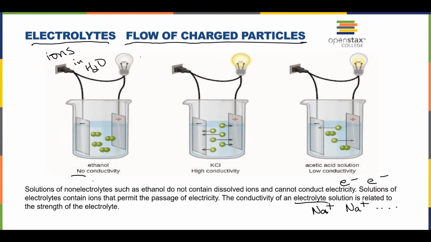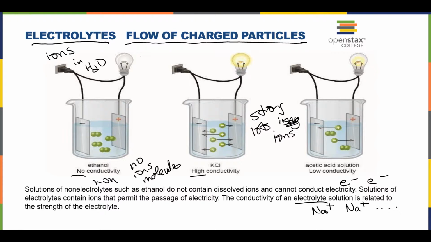So we have a couple of kinds. We have non-electrolytes. Non-electrolytes have no ions. These would be molecules in water. We can have strong electrolytes. Strong electrolytes are going to have lots of ions, and these are going to be things that are soluble, back from Chem 111 when we looked at our solubility rules.